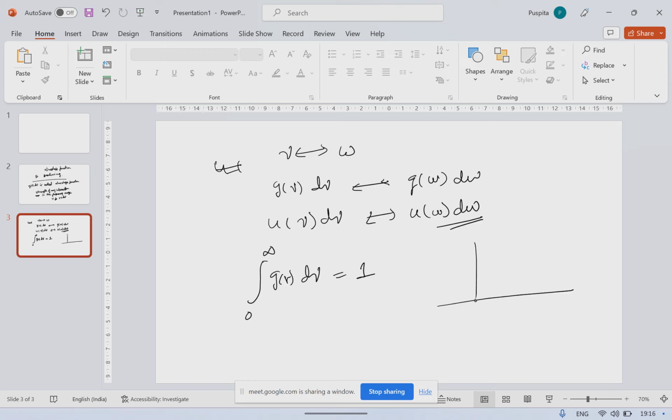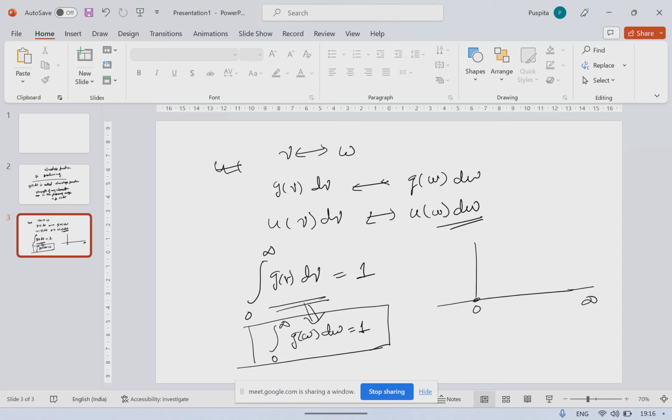If we take the frequency range from 0 to infinity, it says the probability of an interaction at a certain frequency, or g omega d omega. So the integration of g omega d omega from 0 to infinity means: when the frequency varies from 0 to infinity, what is the probability that an interaction happens?